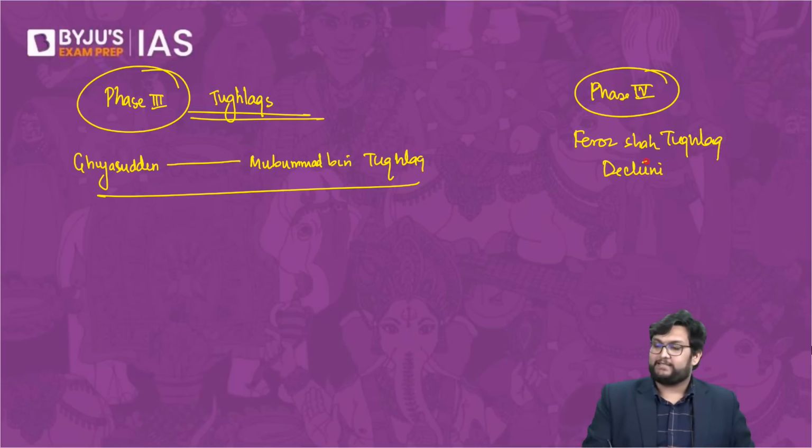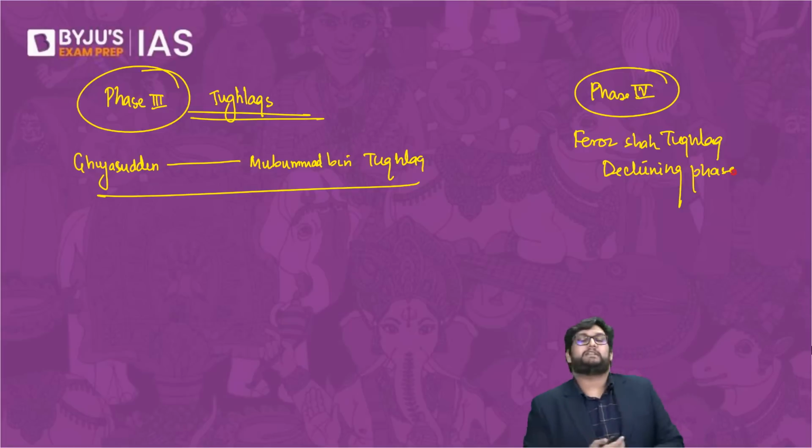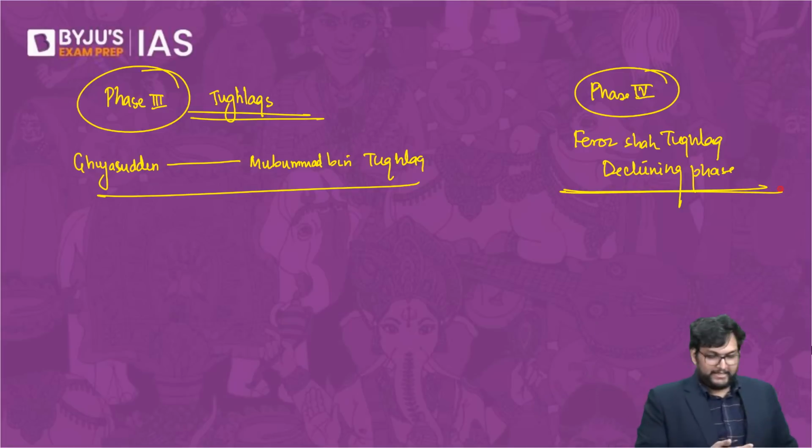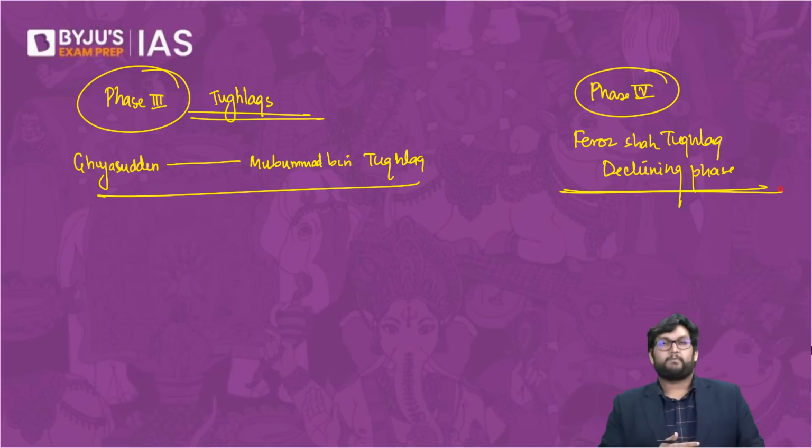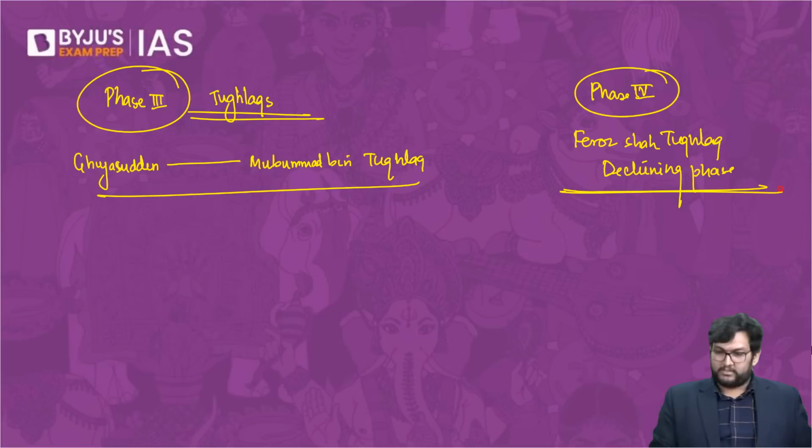And this is why reading architecture gives you a lot of interesting insights. What you get to know is that in this phase 3, there is the marble dome, new concepts. There is batter, which is sloping walls.